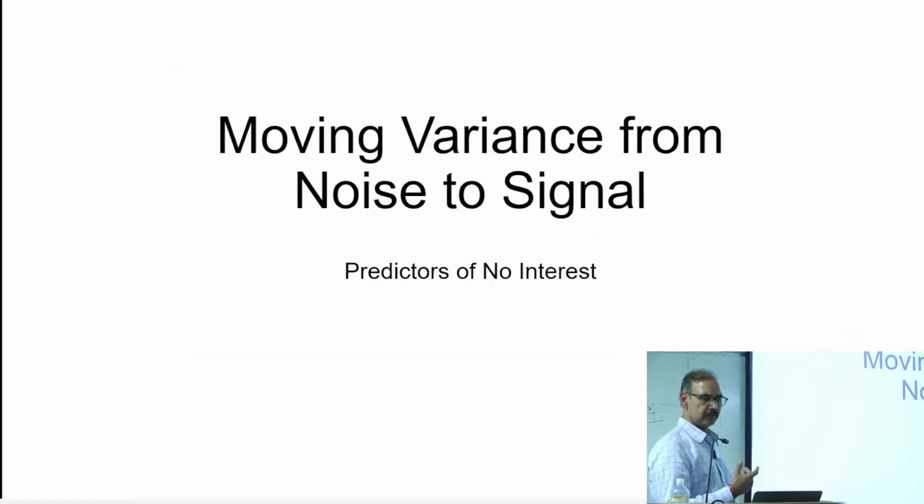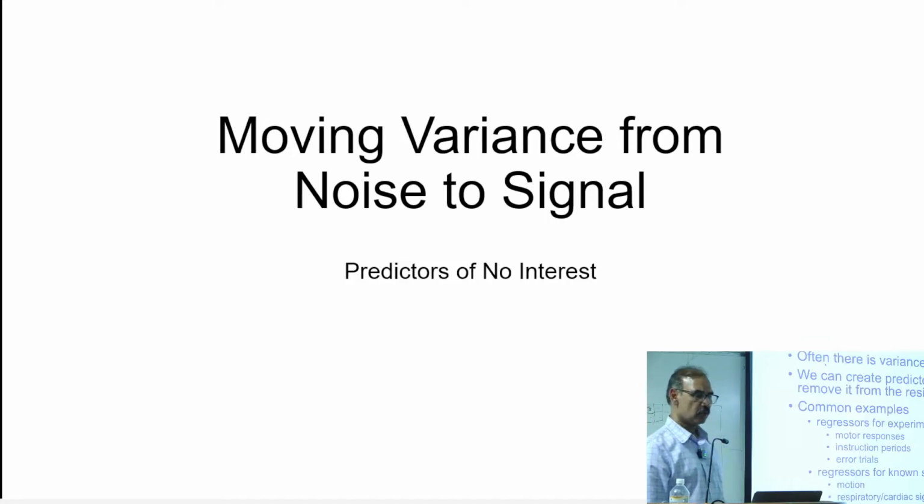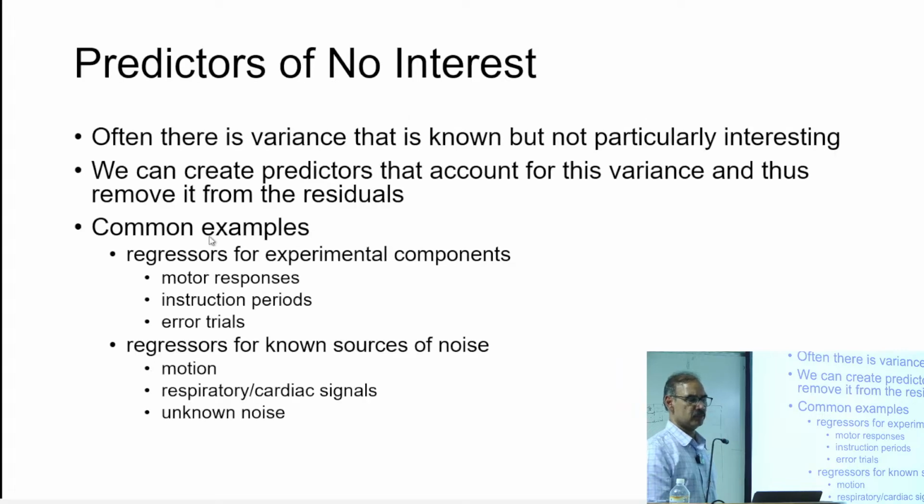So the other source is moving variance from noise to signal. Predictors of no interest: often there is variance that is known but not particularly interesting. We can create predictors that account for this variance and thus remove it from the residuals, just like the example I gave.